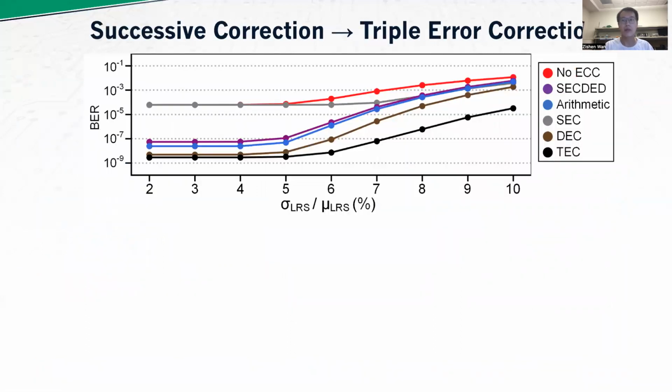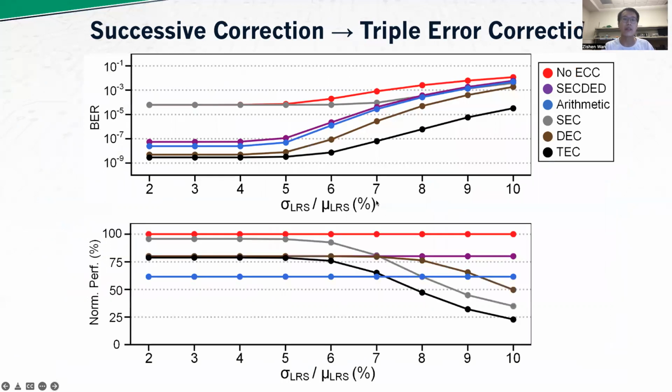For soft errors, we simulate a ResNet-18 with the different ECC schemes. We find that DEC, double error correction, and TEC, triple error correction, yield the lowest bit error rate for all these LRS variation cases. At the 6% LRS variation, the TEC achieved 4 orders of magnitude bit error rate reduction compared with the no ECC case.